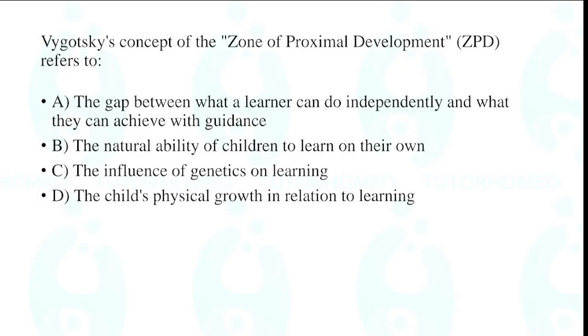The zone of proximal development is the difference between what a learner can do alone and what they can do with help, emphasizing the role of social interaction in learning. That is what A says. I am learning by myself, but if someone comes and pushes me and tells me the points, I will learn more. The difference between that is known as the zone of proximal development.